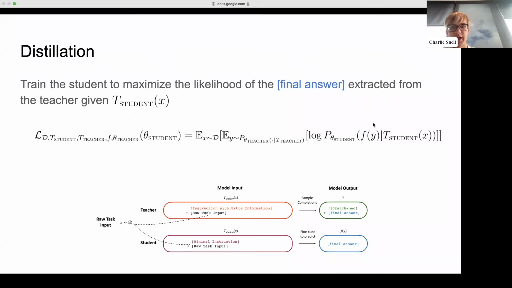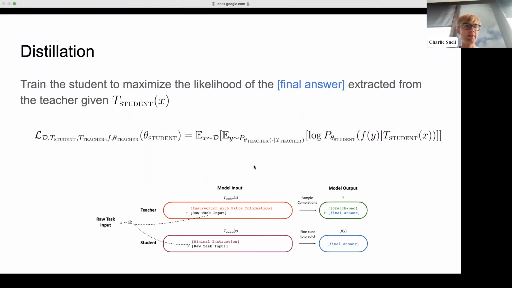And then you extract the final answer from the Scratchpad plus final answer output, and you train the student, who's given a more minimal prompt than the teacher, to maximize the likelihood of that final answer. So you're training it to just predict the final answer. Hopefully you can make sense of that from this diagram as well. That's basically the distillation process.